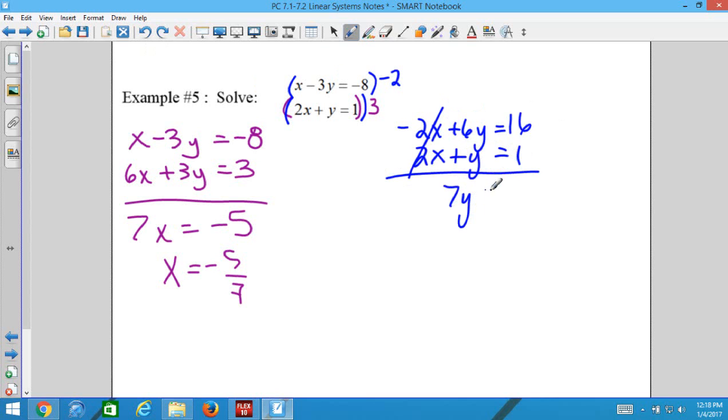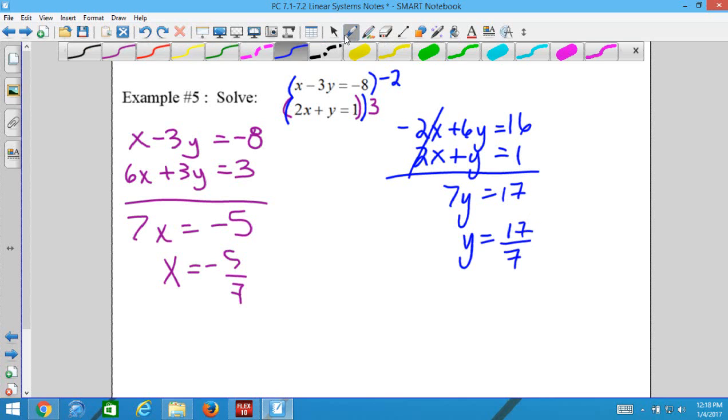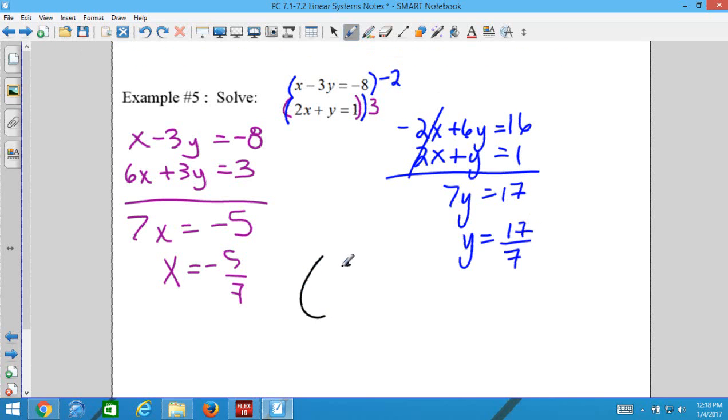So I get 7y is 17, so y is 17/7. I've already checked my answers when I did it the first time. It's in my notes, you can check it if you want to. Okay, question?